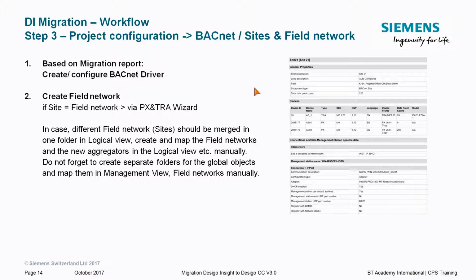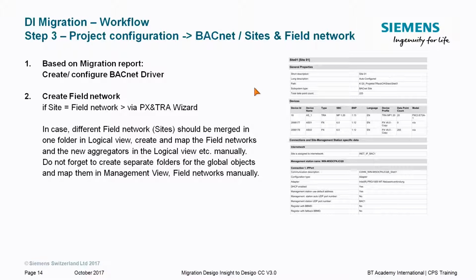And site is Siemens proprietary, so it's not part of the BACnet standard in terms of networking technology. In BACnet, we know the BACnet internetwork, and we know the BACnet network. Okay, but we don't know any sites.